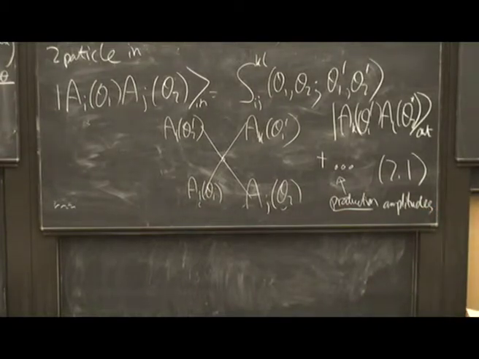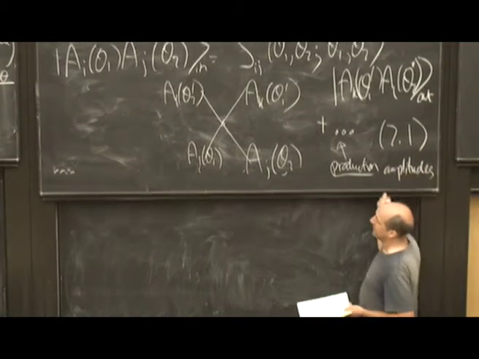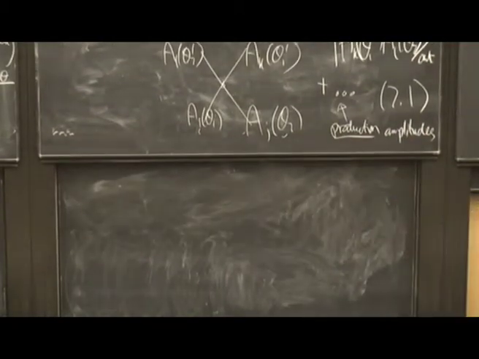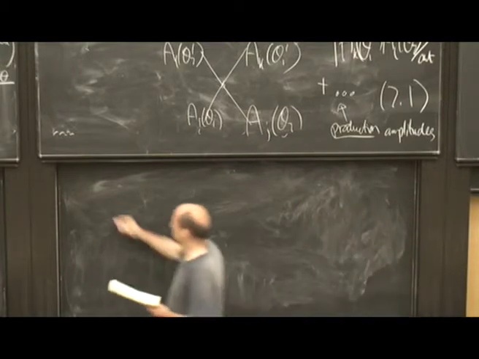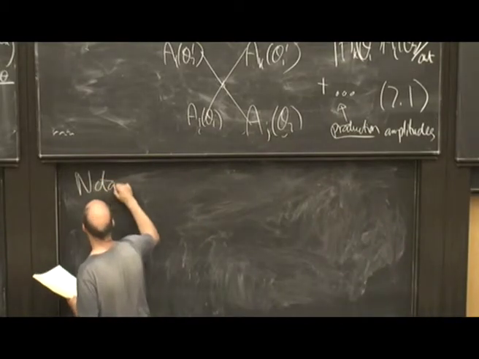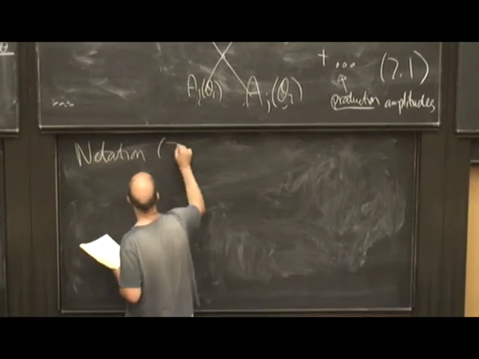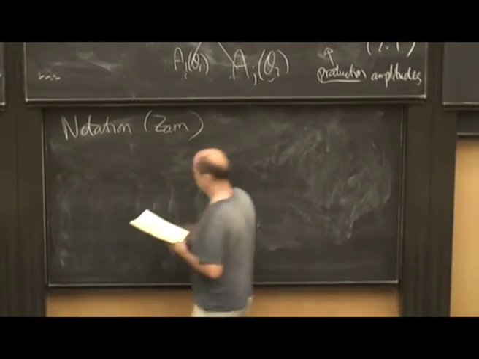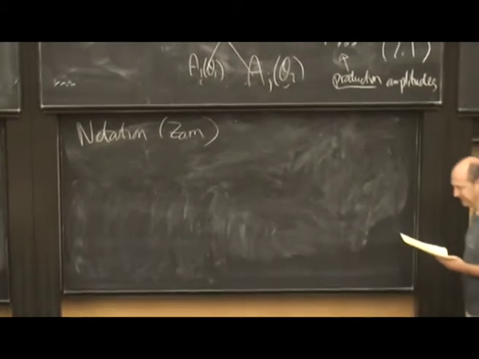Good. And I mentioned briefly last time, there's a handy notation for that, which works neatly in 1 plus 1 dimensions, but not in higher. Rather than bother writing in and out, we'll just order our little symbols, these capital A's, in a way that reflects their order along the line in this wave packet picture. So, notation, which I guess was a Zamolodchikov invention.